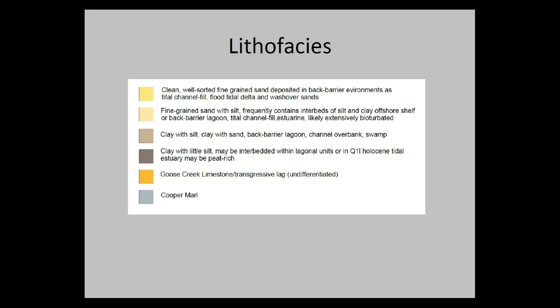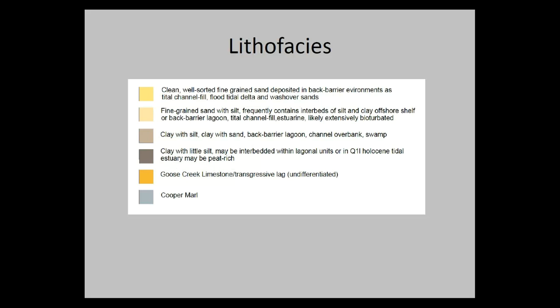Those are the kind of things we're looking at there. Clay with silt, again, that's back barrier, channel, overbank, swamp. Clay, mostly pure clay, and that's probably the Holocene tidal estuary peat depositional environment that's being formed by these rivers that go through here now.